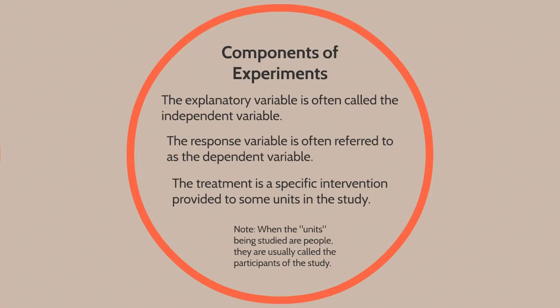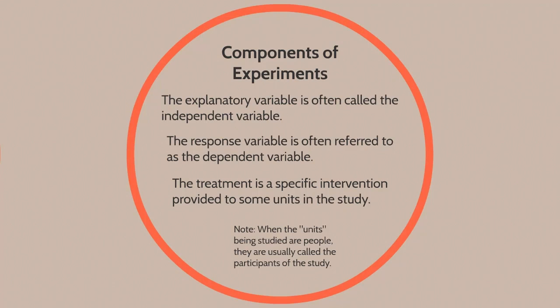In an experiment, we often call the explanatory variable the independent variable. I reserve that name independent variable for when we're actually manipulating that variable as an experimenter. So an independent variable and explanatory variable are the same thing in an experiment, but the only time I call it independent variable is in an experiment.